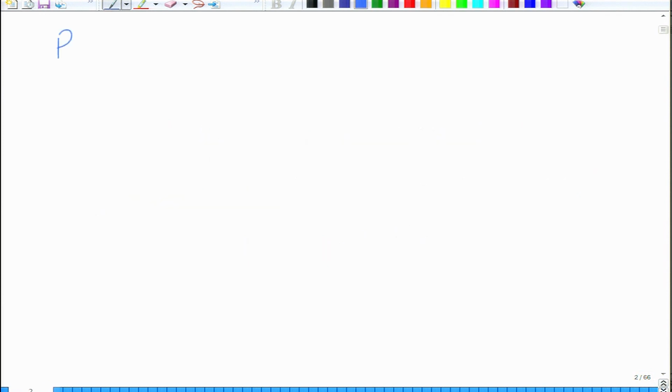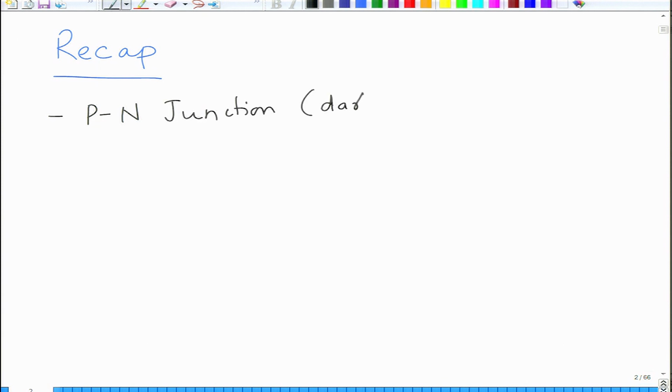In the last lecture we started discussion on p-n junction, and this is basically p-n junction in dark without any light illumination. P-n junction is essentially a junction between two semiconductors, one n type and one p type typically, and generally we look at it in the context of identical homojunction, that is n silicon on one side and p silicon on the other side.